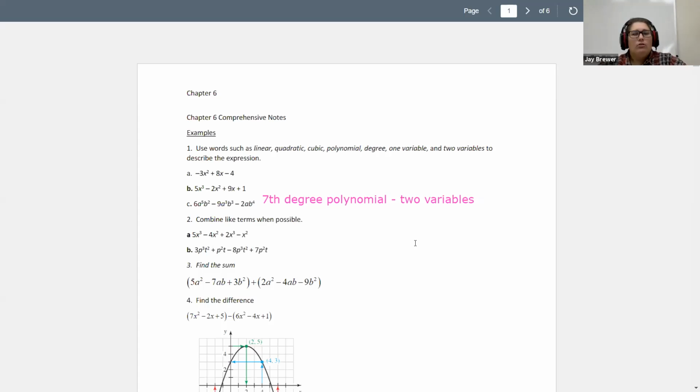Okay, so do we need to go over combining like terms in the sense of A and B there? Actually, 2A and B, 3 and 4, they all look like they're just doing things you guys should know how to do.